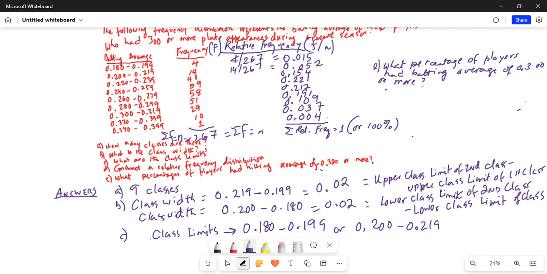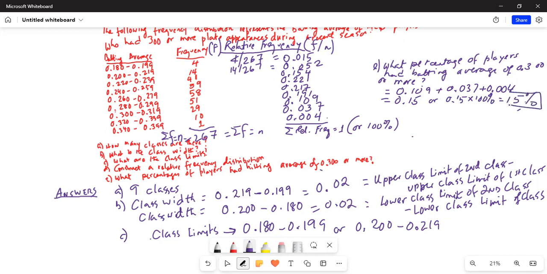we are going to add up these relative frequencies: 0.109 plus 0.037 plus 0.004, and that works out to 0.15. 0.15 times 100%, move the decimal 2 places to the right, and it's 15%.